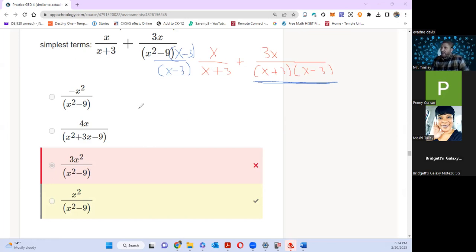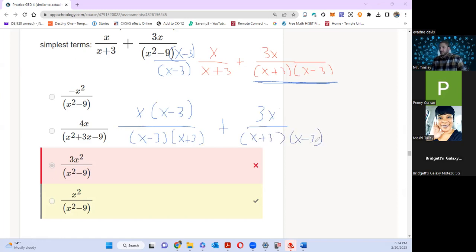So now we'll have x times x minus 3 over x minus 3, x plus 3, plus 3x over x plus 3, x minus 3. Does everybody understand that? Yes.